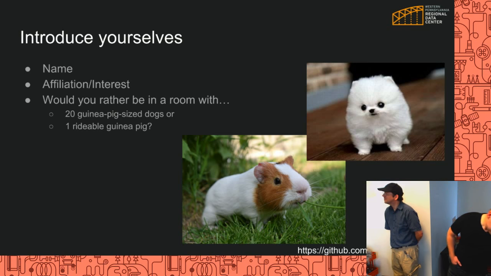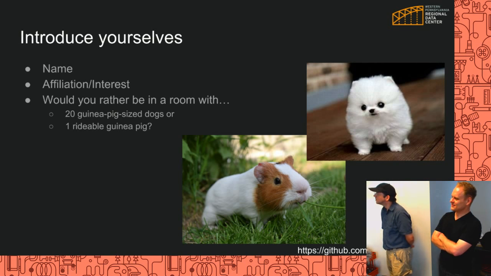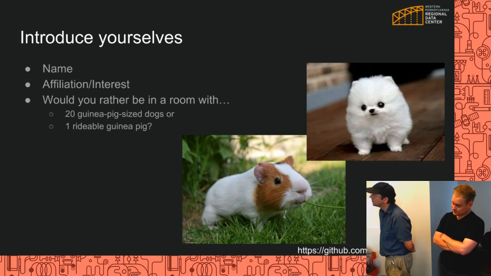I'm a web developer, and I'm going with the guinea pig because, among other things, I believe that less is more. Hi, I'm Masha. I'm a project manager, and I'd go with the dogs for no reason. I'm Tyler. I'm a front-end developer. I'd go with the dogs because 20 dogs of any size can be bad.